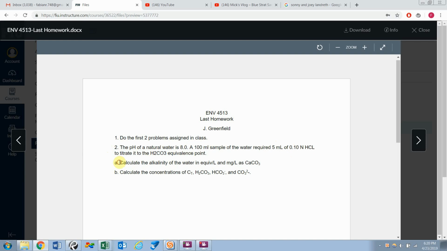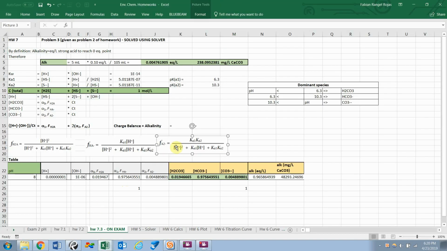And so it's asking us to first calculate the alkalinity of the water in equivalents per liter and milligrams per liter as calcium carbonate, and to calculate the concentrations of total carbon in the water, H2CO3, HCO3 minus, and CO3 2 minus. Okay, so I have the following set up in Excel.